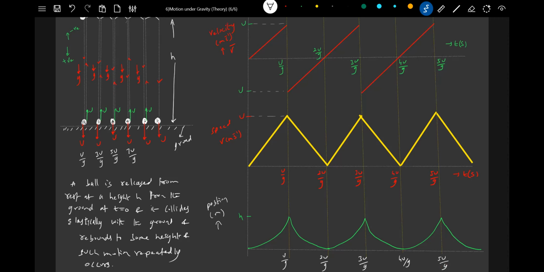What should be the slope? Should be 0, no? It was released from rest. Look at this, the ball is released from rest. Slope should be 0. Then speed will increase, then the slope should increase.